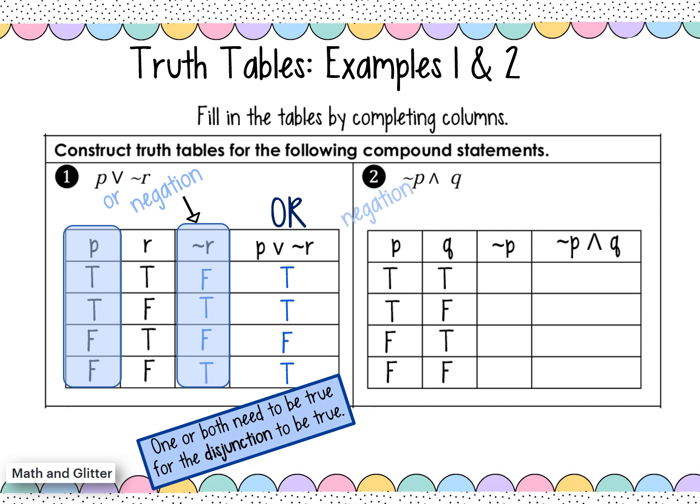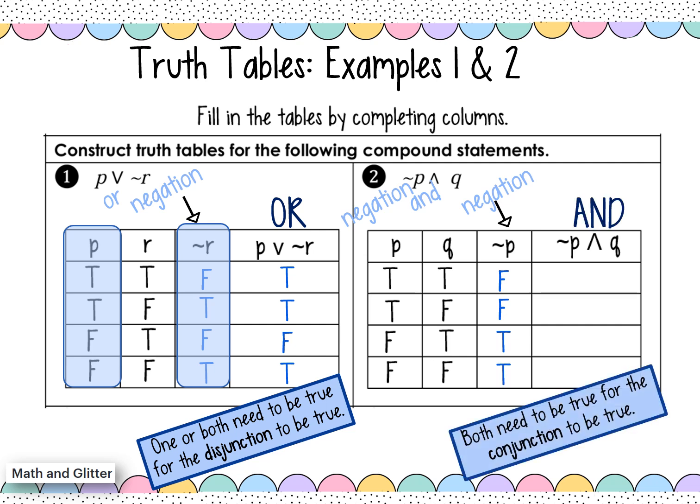Number 2, we have not P, so we're going to have to negate P, and we have Q. So let's do our negation for P. The first truth value for P is true. That's going to be false. The true becomes false and the false becomes true. Now we need to do our and, our conjunction.